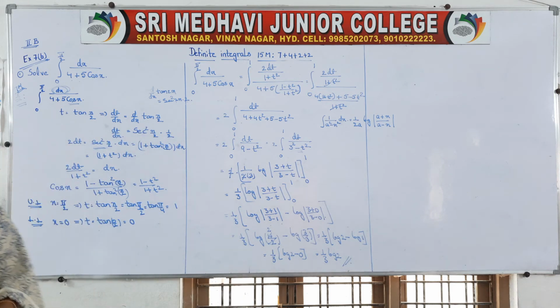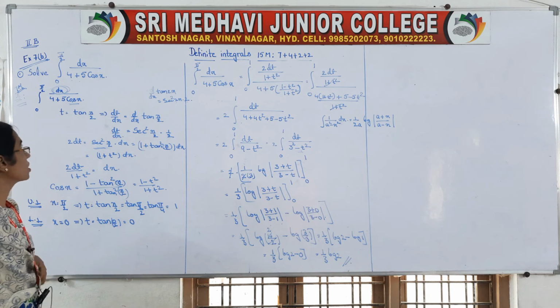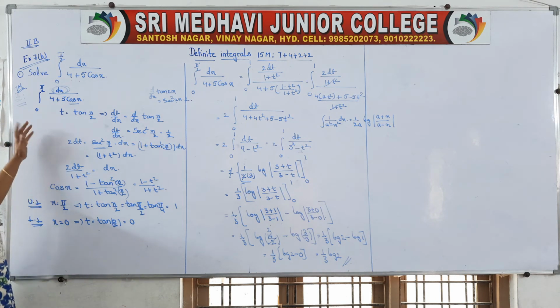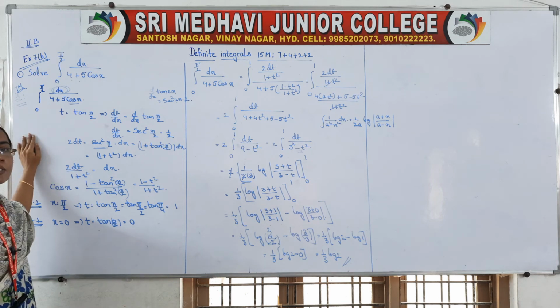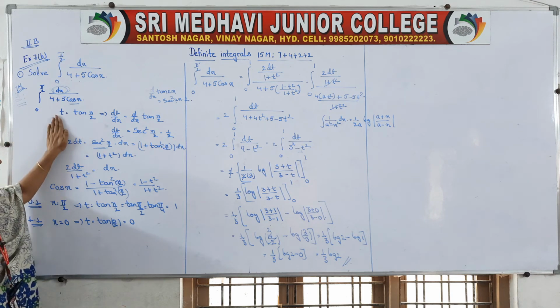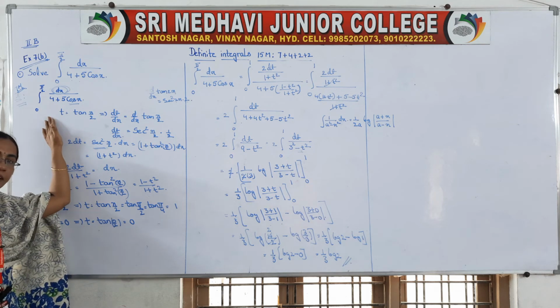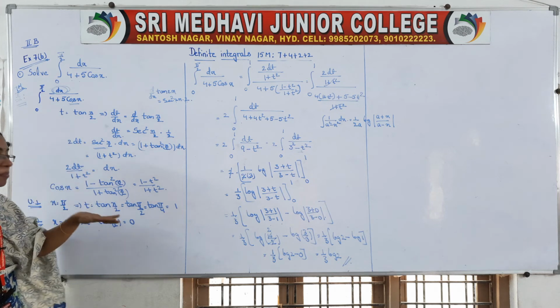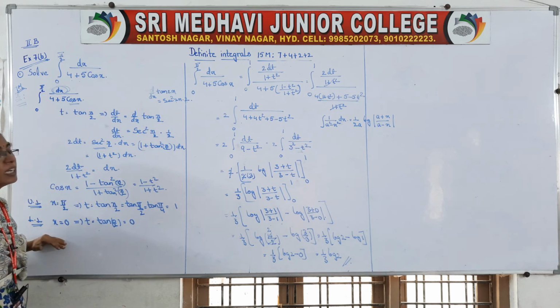So one thing you have to remember, again we used the same method for integrals. If you see the problem you will know this belongs to that method whenever cos x, sin x is there. I think the third method. So we have to take t is equal to tan x by 2. Whenever we use substitution in definite integrals, we have to change the limits also, upper limit and lower limit.